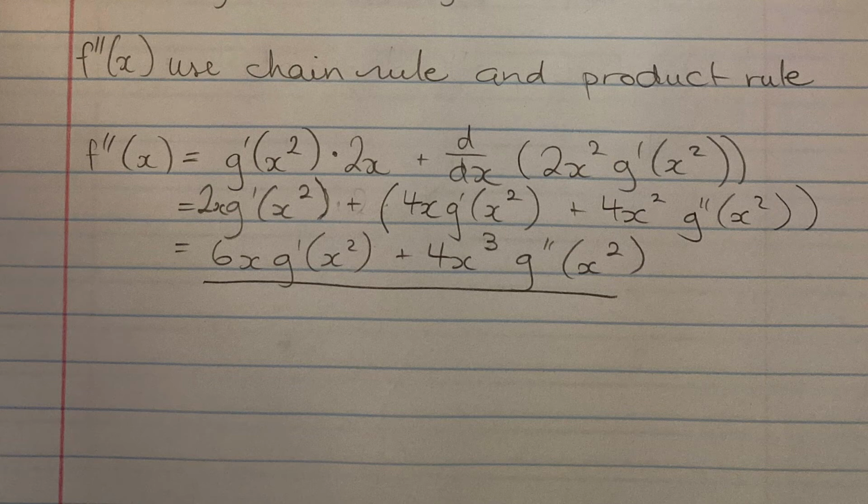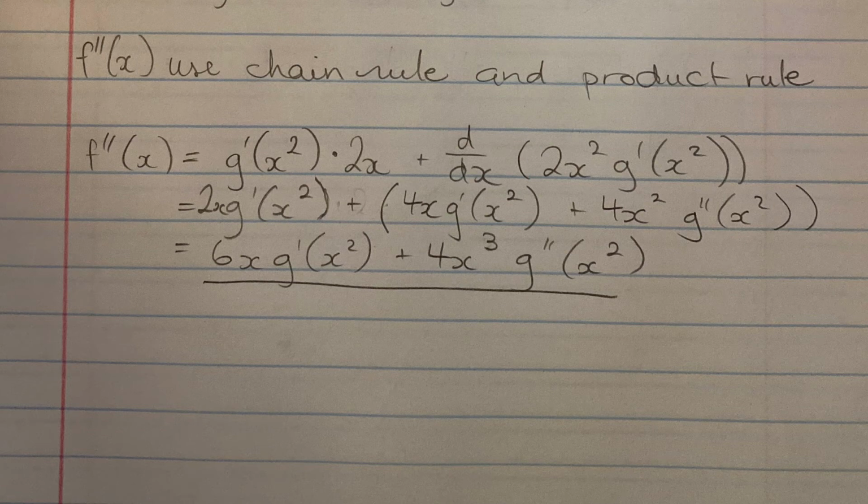And the differentiation of that is g prime of x squared times 2x, and we used the chain rule for that. And now we add that to the derivative of the second function that we have, because g of x squared and 2x squared g prime of x squared are being added together in f prime of x.